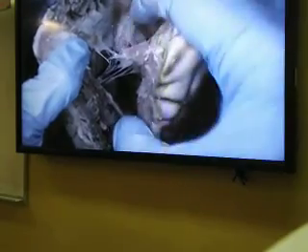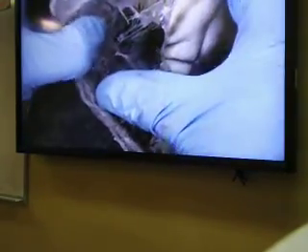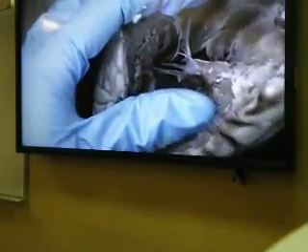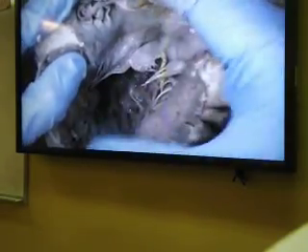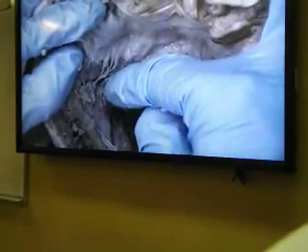So it's the bicuspid valve, chordae tendineae, and the bump where the chordae tendineae is attached is the papillary muscle. So left atrium, left ventricle, bicuspid valve, chordae tendineae, papillary muscle.